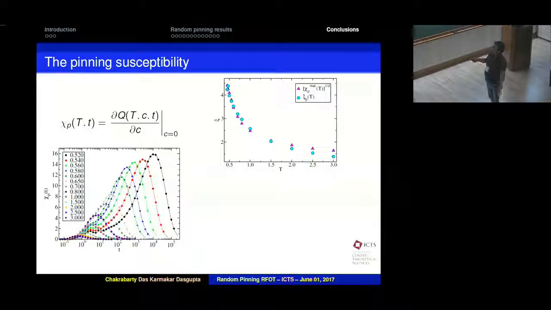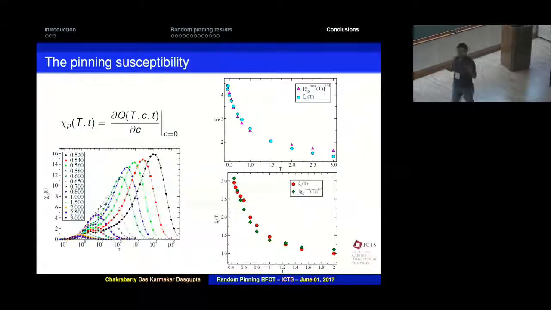The more useful thing is that in 3-dimensional structural glasses, it's very difficult to do this random pinning in the way I was talking about. It can be done in colloidal experiments, but in 3 dimensions, if you want to pin a particle in the middle of the liquid, it's very hard. So instead of strict pinning, you can do a softer pinning where you introduce some big particles which are slow, almost like pinned particles.